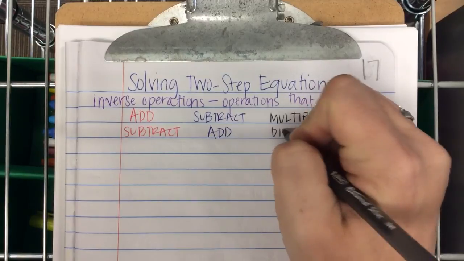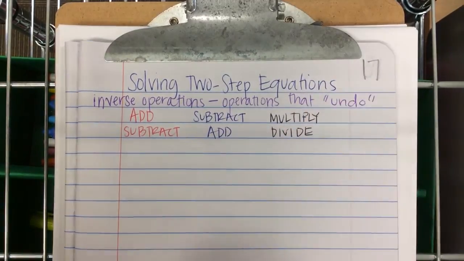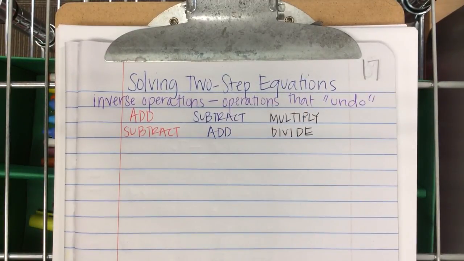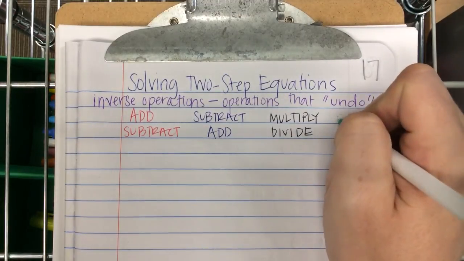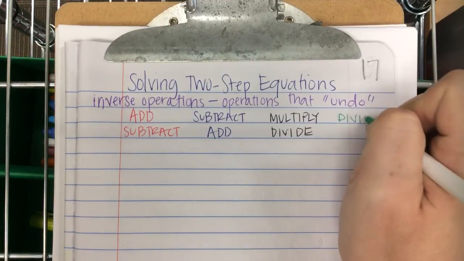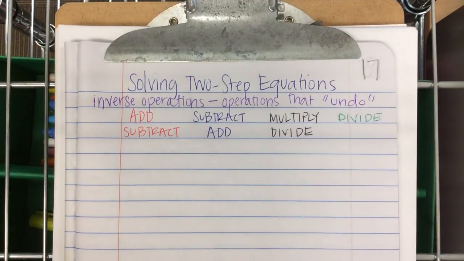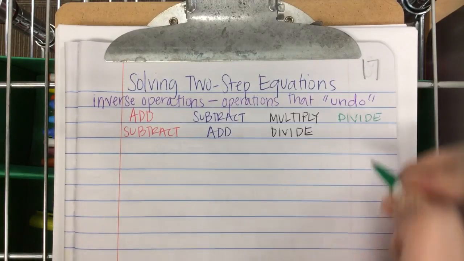Divide. And if in that problem it says to divide, to undo that, what are you going to do? Multiply.